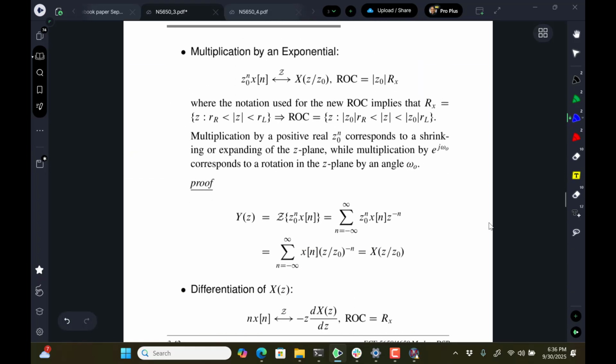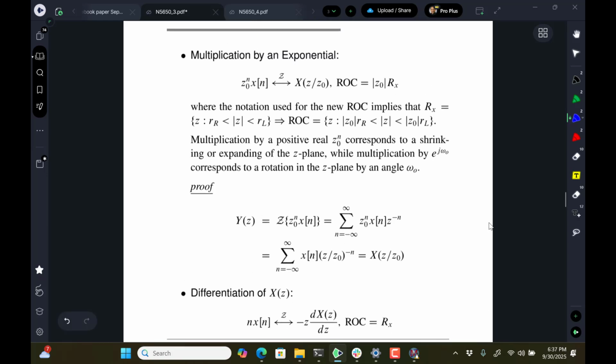Okay, we have multiplication by an exponential. This is multiplication in the time domain, just like we had multiplication in the frequency domain. Multiplication, when we went to the Fourier domain, we ended up with that convolution theorem. Here we're just going to multiply by z naught, some complex value, and that just gives you an x of z over z naught. So it's a scaling action.